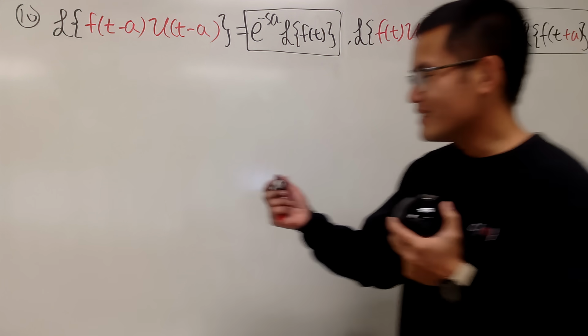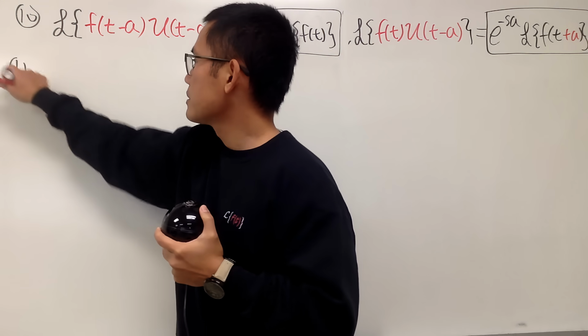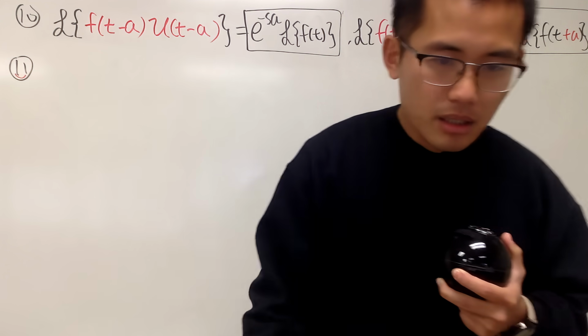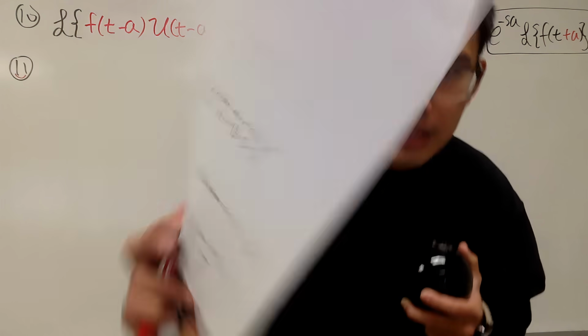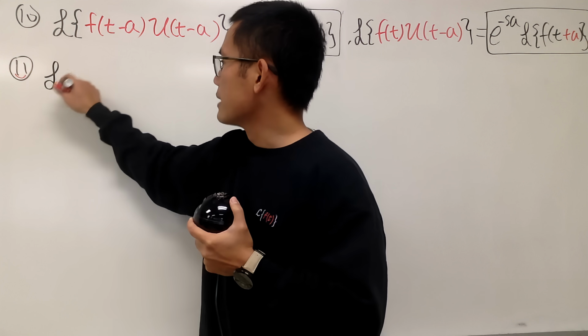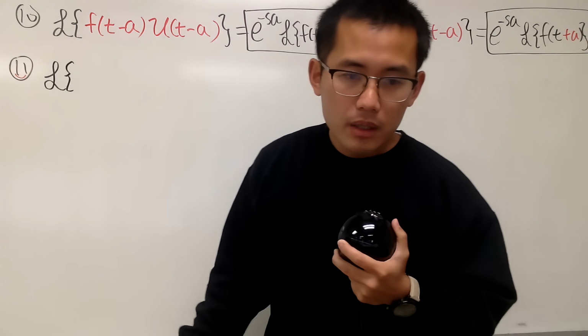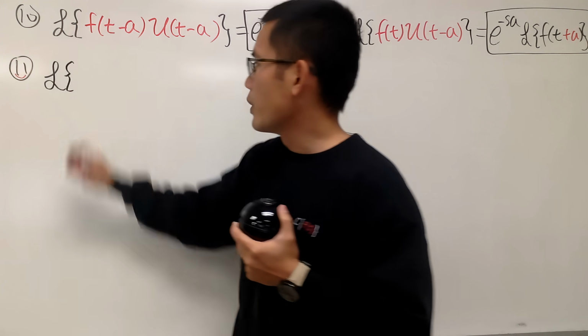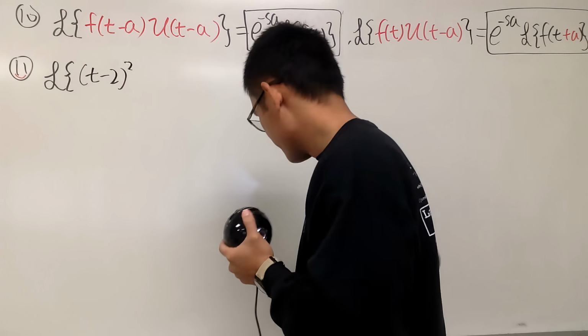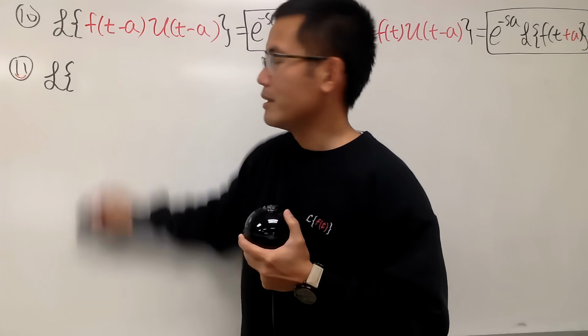All right, so now number 11. 11 deserves a happy face, like that. So we have 2 examples right here for you guys. First one, the Laplace transform of t minus 2 squared times, I forgot the input should be in red.